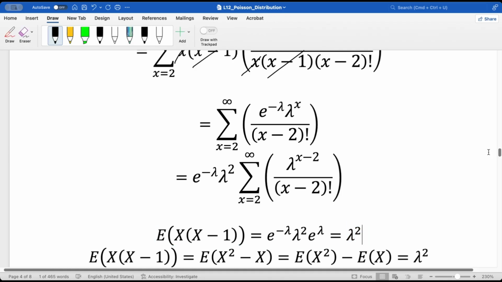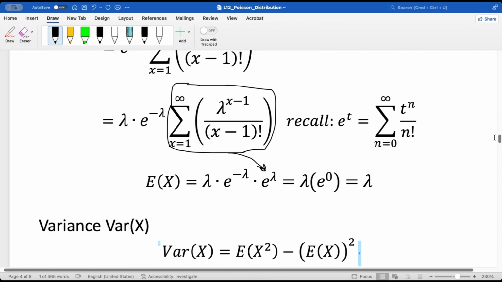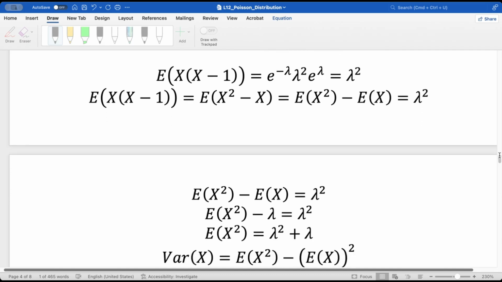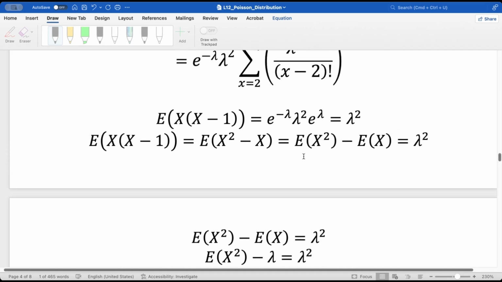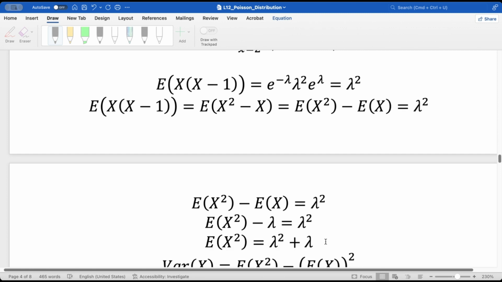Now, we calculated that E of x is lambda, so we can plug that in. The expected value of x squared minus lambda is lambda squared. So we finally have E of x squared is lambda squared plus lambda.